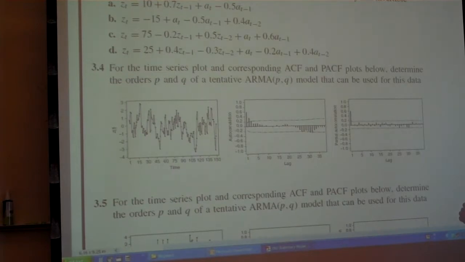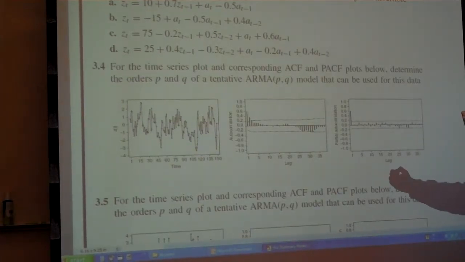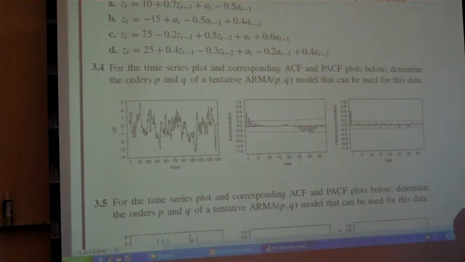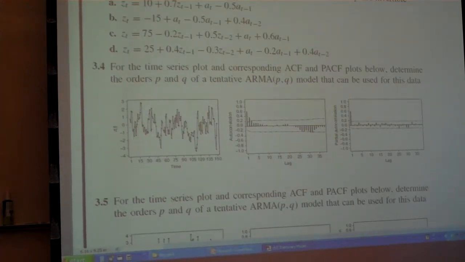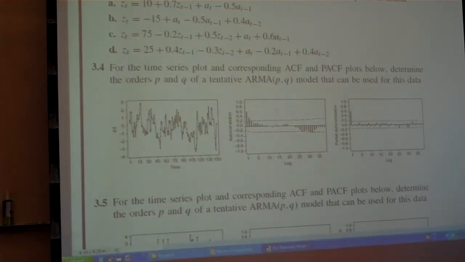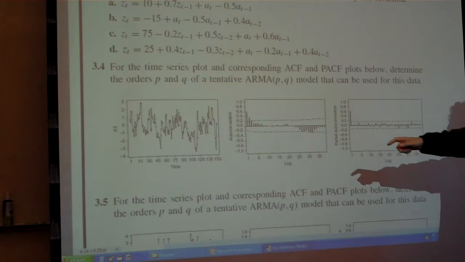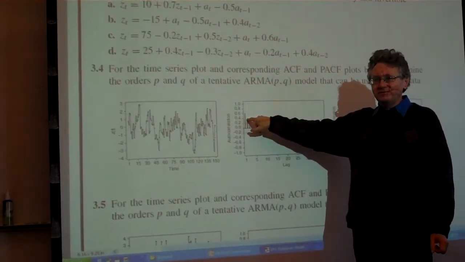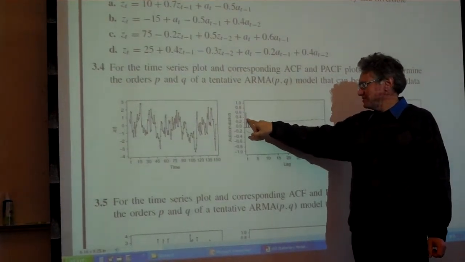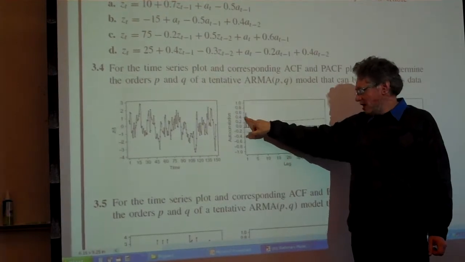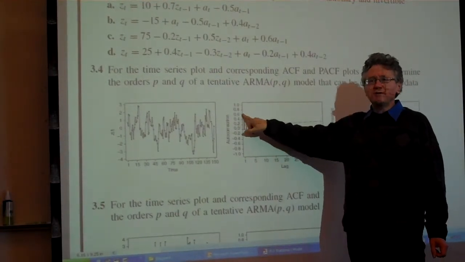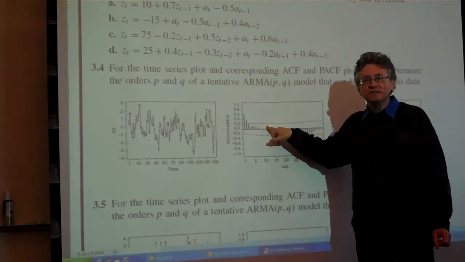But because Z of t minus 1 is correlated with Z of t minus 2, you're going to get an observed correlation between Z of t and Z of t minus 2, which is why we expect this to be an exponential decay.